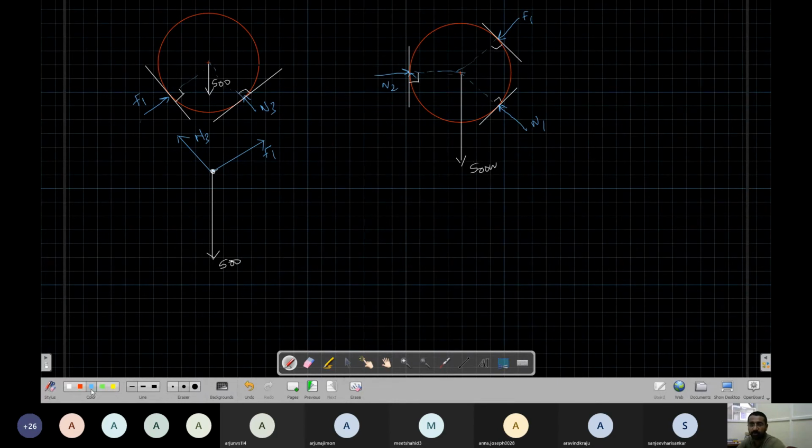Now similarly, I will draw for this also. So the most difficult part in this question is to find the angles. The free body diagram is easy and basic, but finding the angles will be difficult. Okay, then remember that this force is in this direction. Then this force is in this direction.